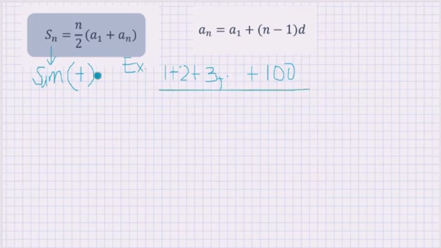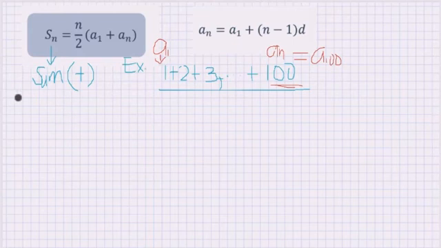To get that sum, we know that the first term is 1, and the last term, or the nth term, is also equal to a sub 100, because this is the 100th term, or 100th position.